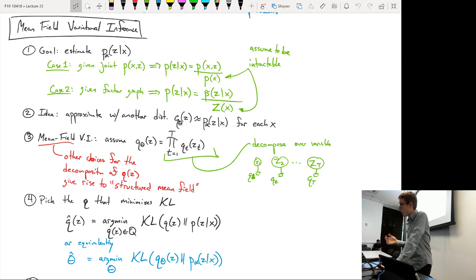Okay, so the last question is, how do we actually do the optimization? And what we're going to focus on is optimizing with what's called coordinate descent. Coordinate descent is just a standard algorithm where you pick one dimension at a time to optimize over.